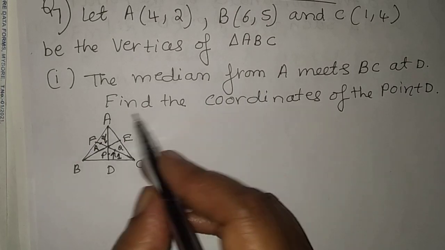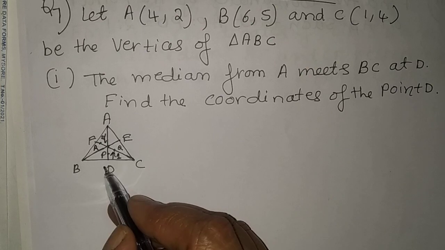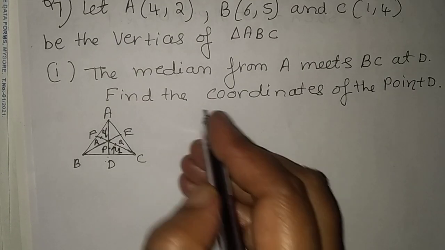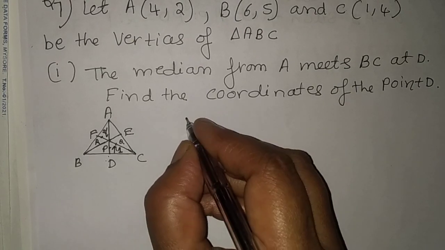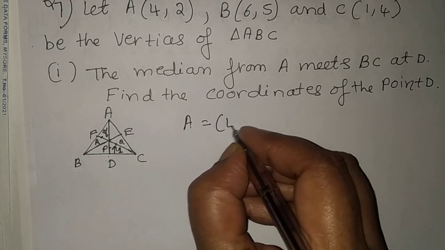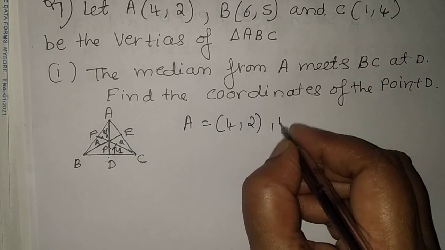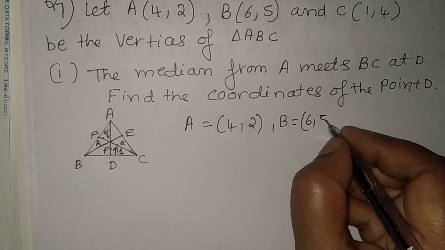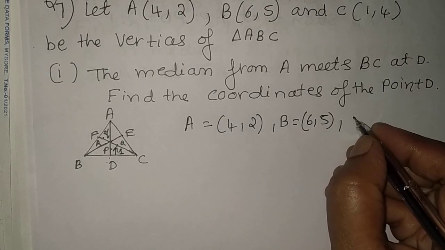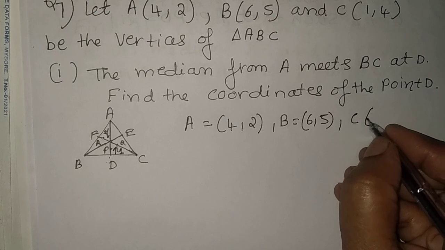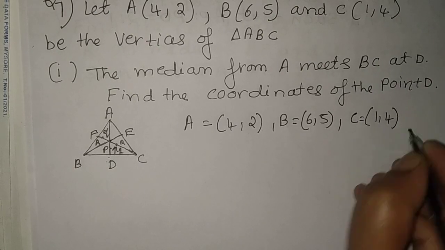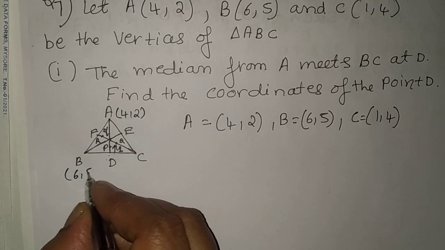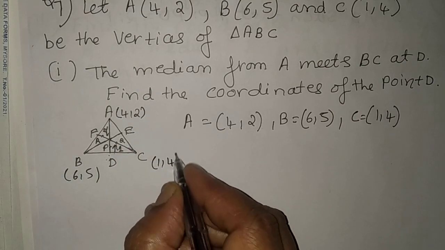First the median from A meets BC at D. Find the coordinates of D. First we have to find the coordinates of the D. So what are the given? A is given as (4, 2), B is given as (6, 5) and C is given as (1, 4). So we have to write here also (6, 5), (1, 4).